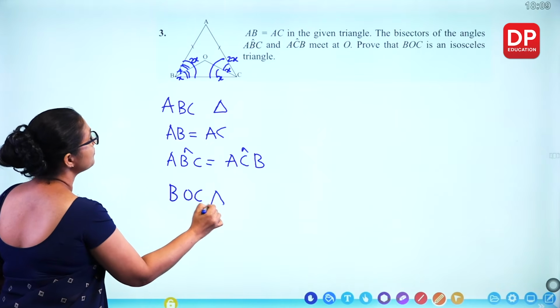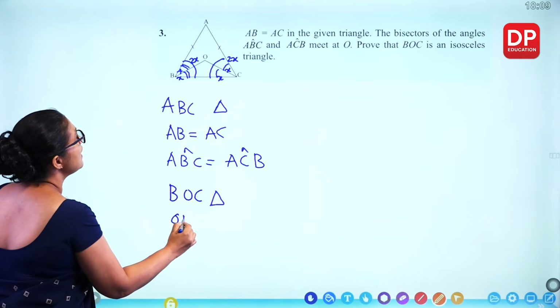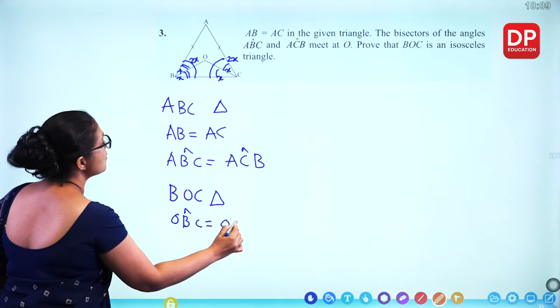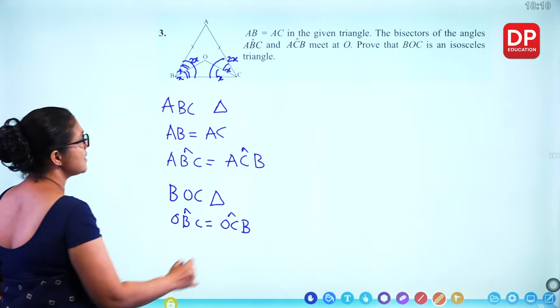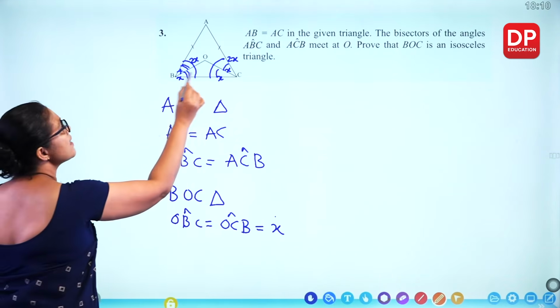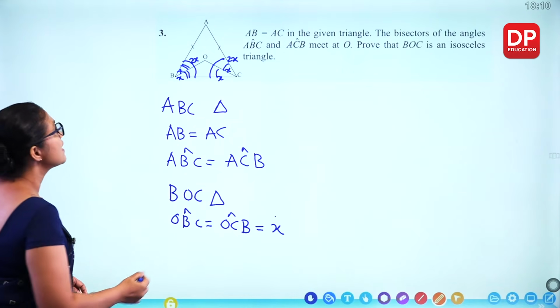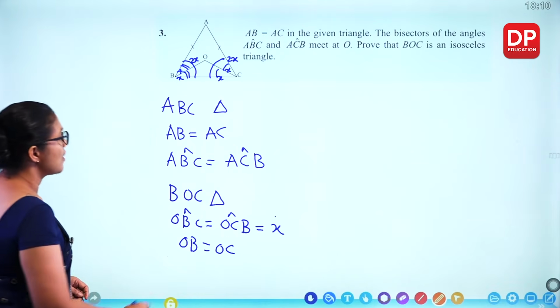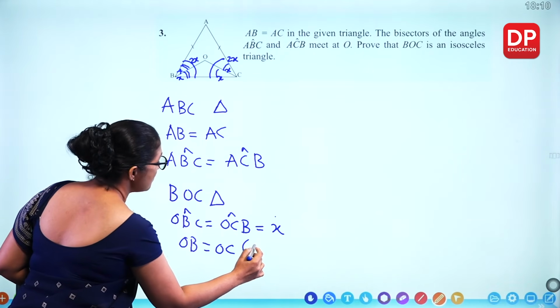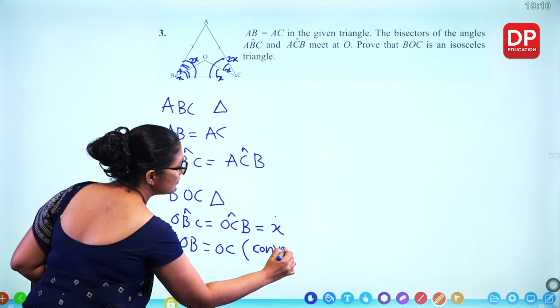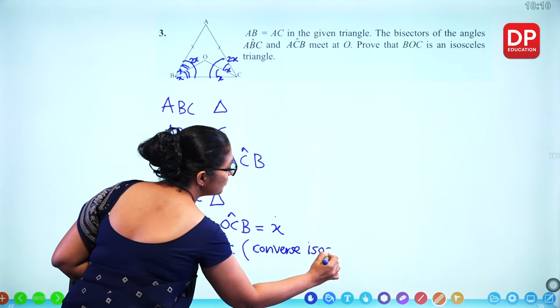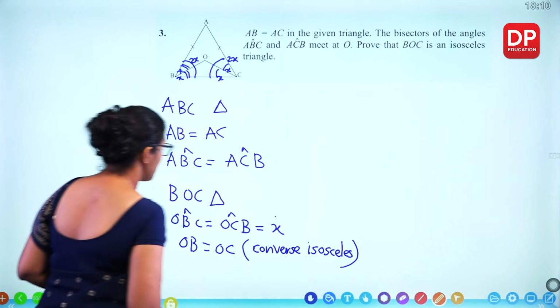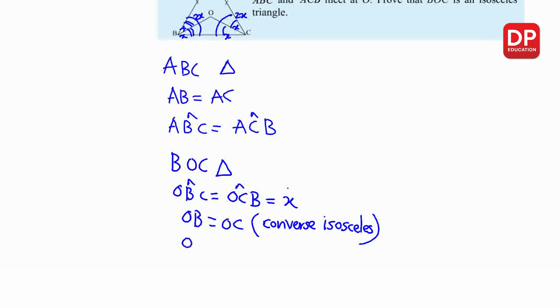Angle OBC is the same as angle OCB. That's x. So two angles are equal. That means OB is equal to OC because of the converse of the isosceles triangle theorem. So we can say OBC is an isosceles triangle.